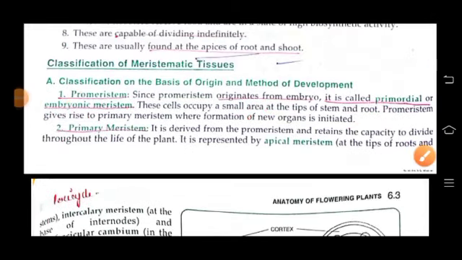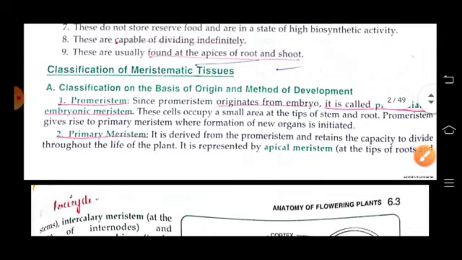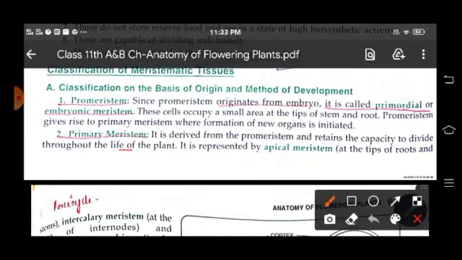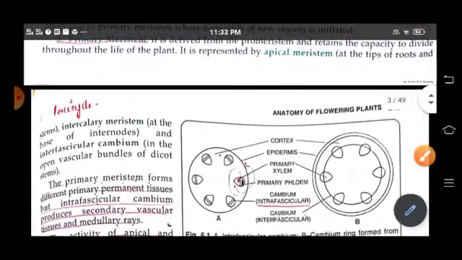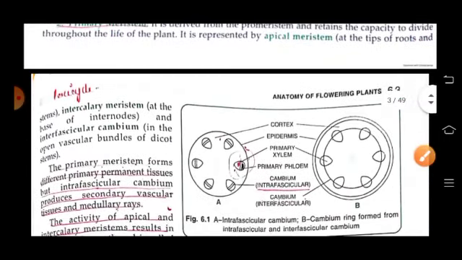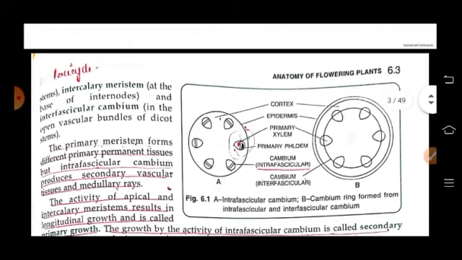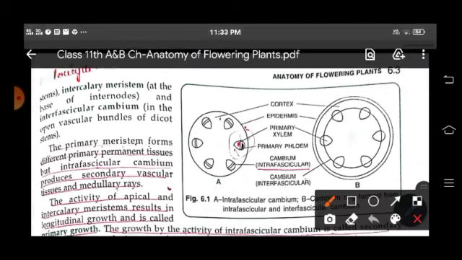Primary meristem is derived from the promeristem and retains the capacity to divide throughout the life of the plant. It is represented by apical meristem, present at the tip of the roots and the stems. Intercalary meristem and intrafascicular cambium are present in the open vascular bundles of dicot stem.